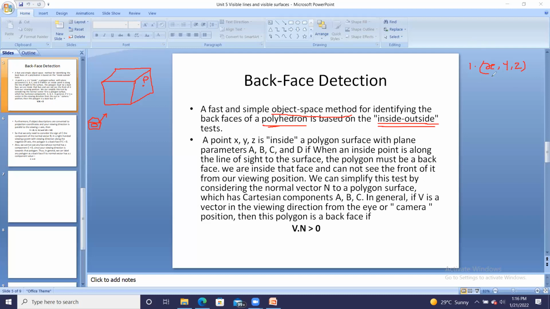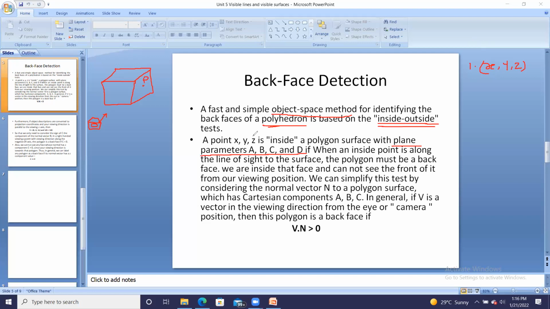Here it has the expression for the polyhedron, the plane parameters A, B, C, D. So these are the plane parameters, or we are going to call them coefficients of x, y, z.